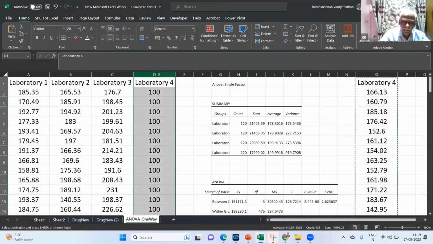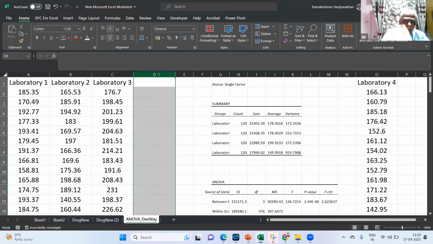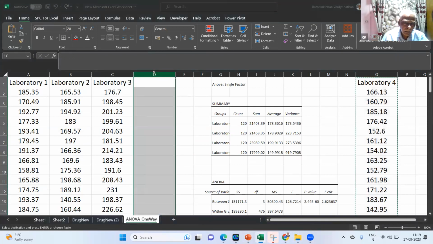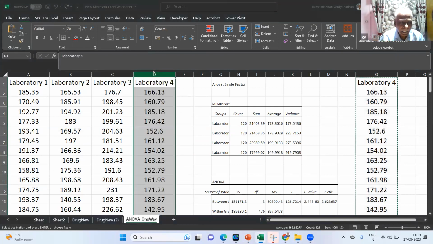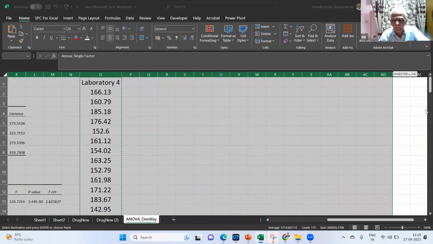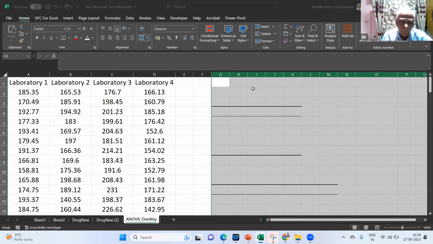Here I'm deleting this and entering the data, Control V. Is it clear? I have taken fresh data. Now what I will do is delete everything.